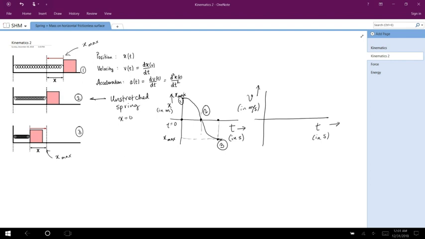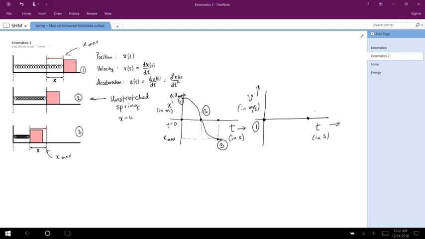Okay, now looking at our picture to the left, we see that the velocity of the block in 1 and 3 were 0, because at the very beginning, when I started the block off, it was at rest. So that's point number 1. The velocity at time t equals 0 is 0, and at the very end, when the spring is compressed the most, that's when the velocity reaches 0 one more time.